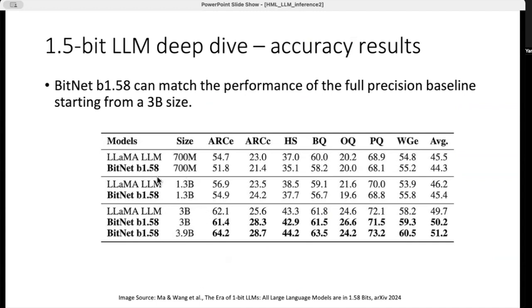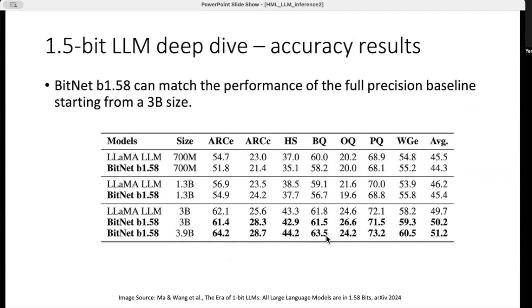Here it shows a comparison to Llama models of similar size in terms of model parameters. Especially when the model size increases, once it reaches 3 billion parameters, the performance actually is on par, comparable or sometimes even better.